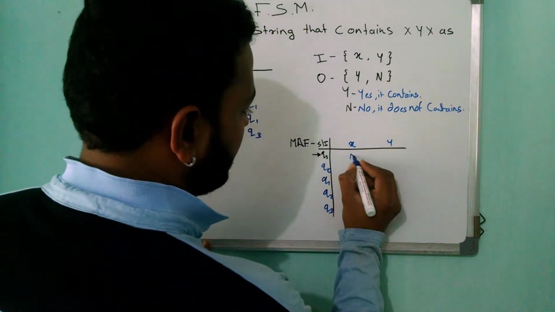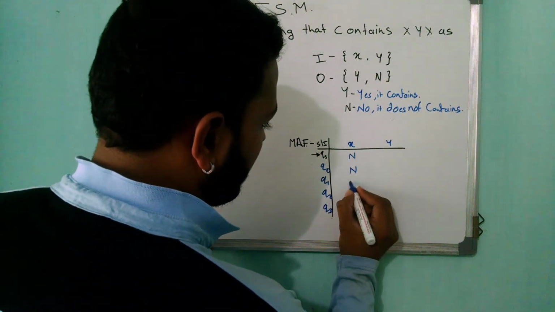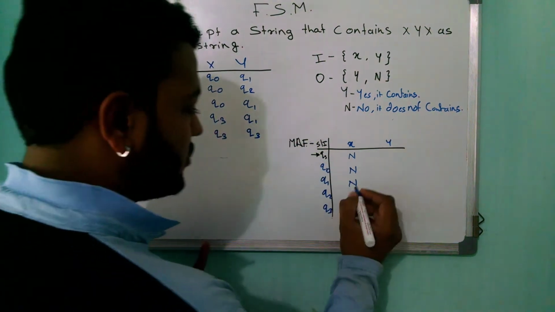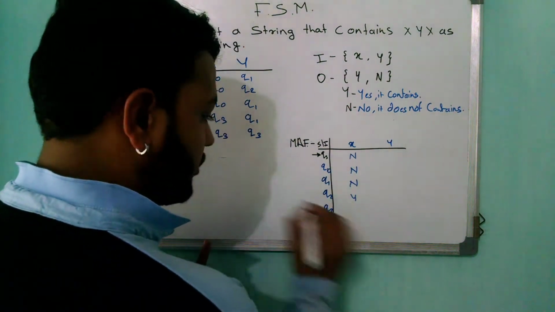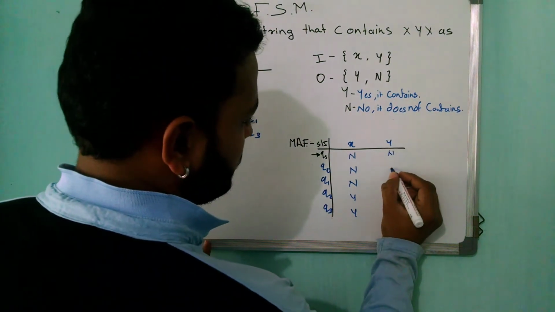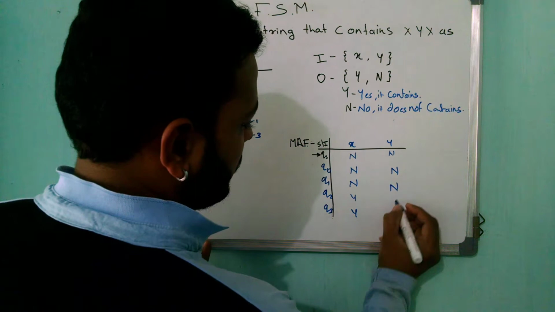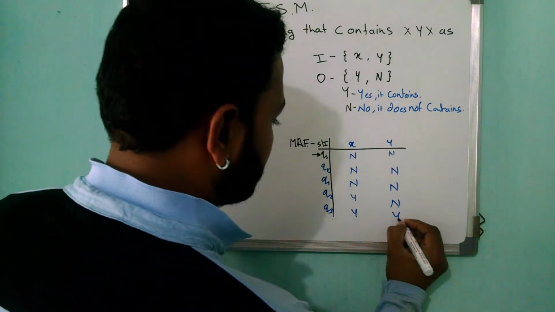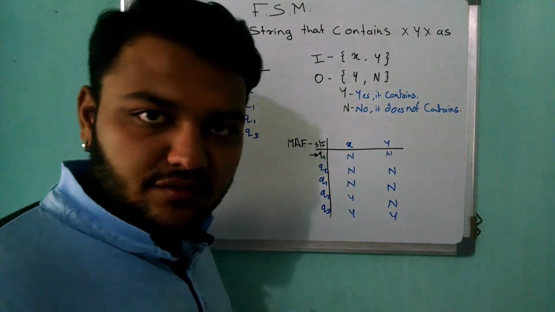So we'll write no here, no. We have q3 here, so we write here yes. Here also q3, so we write here yes. Again no. Here also no, and we have q3 here, so we write here yes.